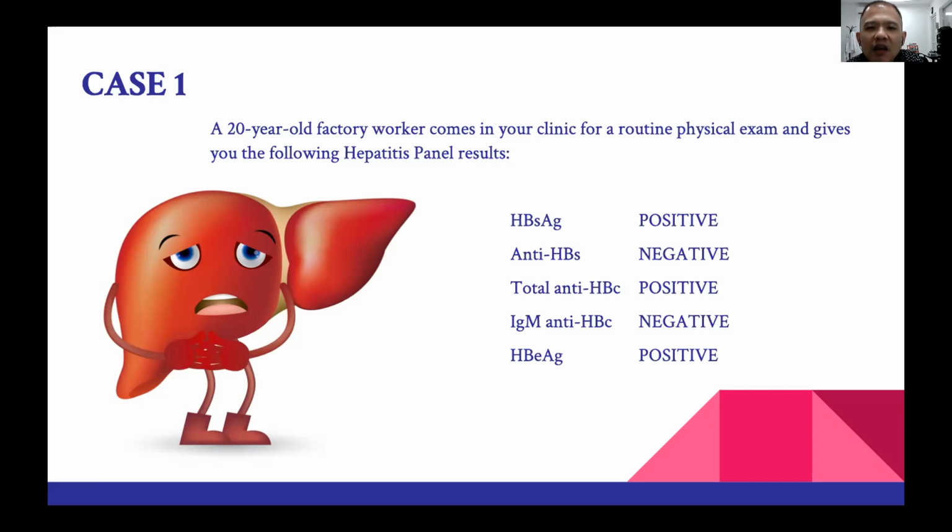But except in the case of the reactivation phase, wherein you have negative HBe, but you have higher counts already of going back higher counts of DNA. It goes up again, even though he is HBe negative, no? So that is an exception. Klaro ra, Clyde?